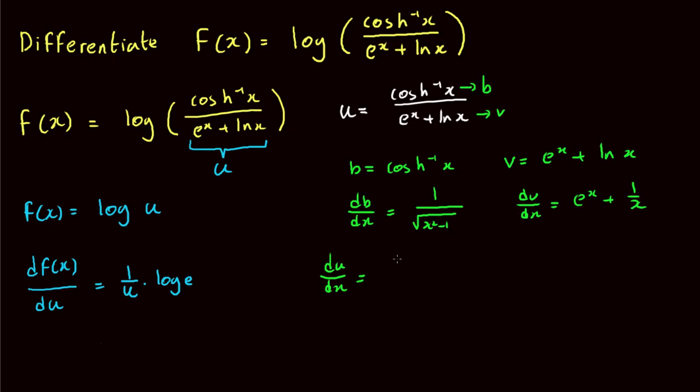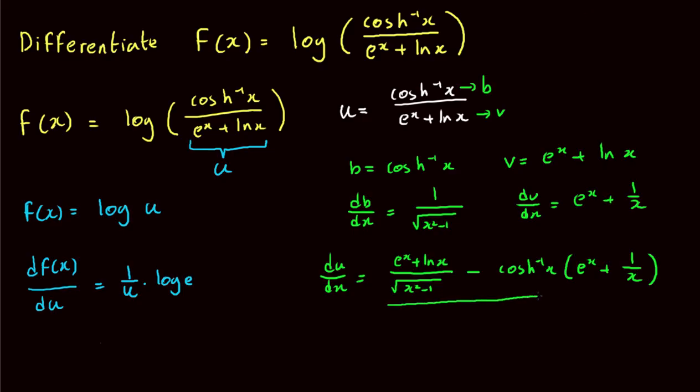So in this case it will be e to the power of x plus ln x over square root x squared minus 1 minus cosine hyperbolic inverse of x, and we have e to the power of x plus 1 over x, and it's over e to the power of x plus ln x. Okay, so that's our du dx.